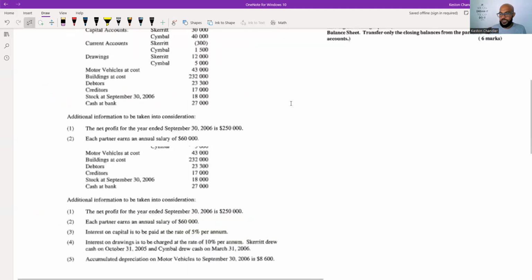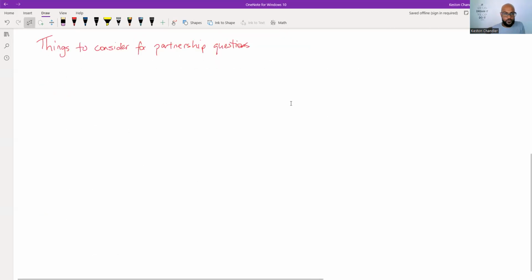So this more pertains to the working, when we're working all the figures. Let's look at what happens in the appropriation account.